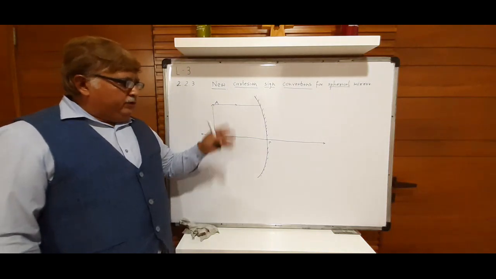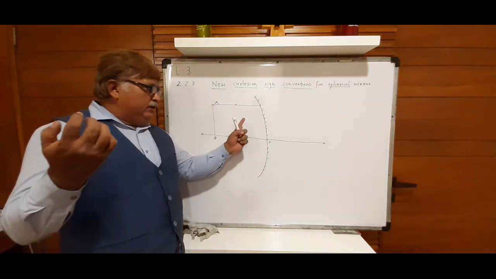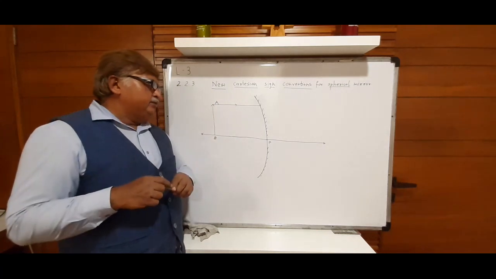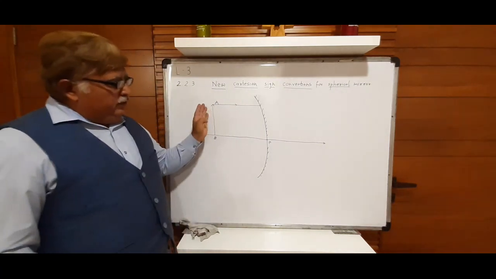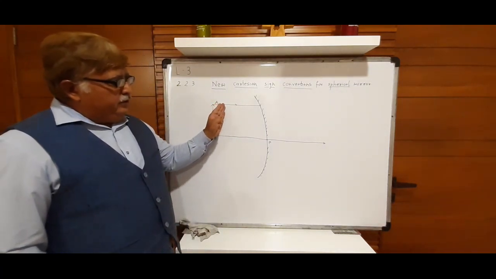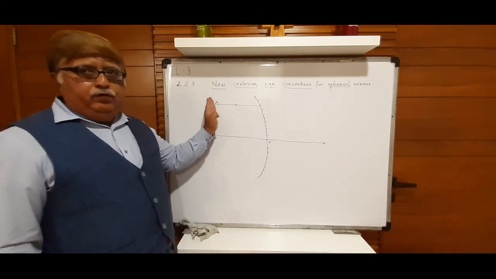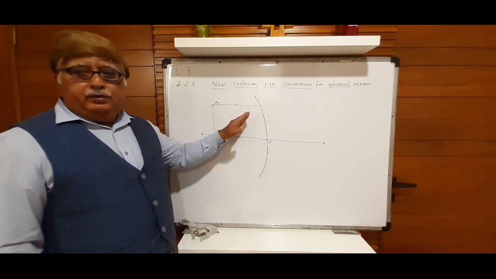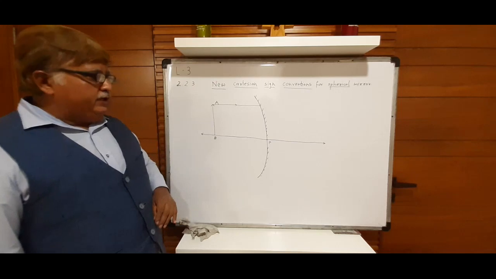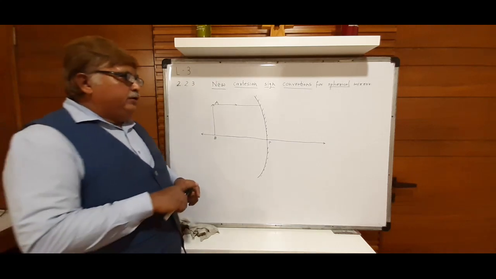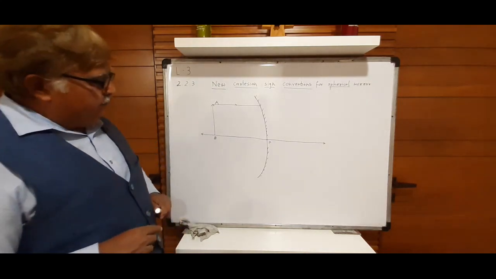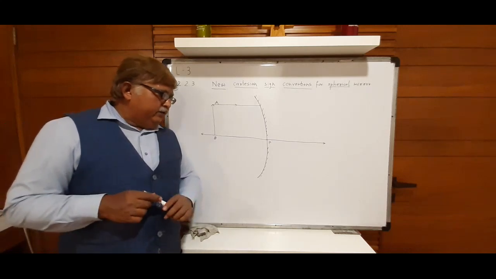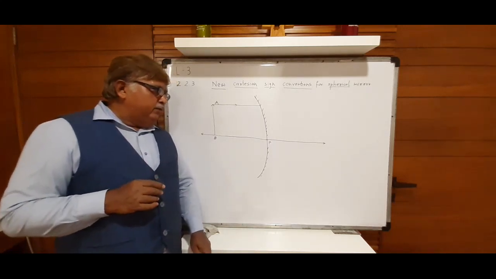Note down, object is always kept on the left side of the mirror. So the incident ray will fall on the mirror from the left side. That is rule number 1.